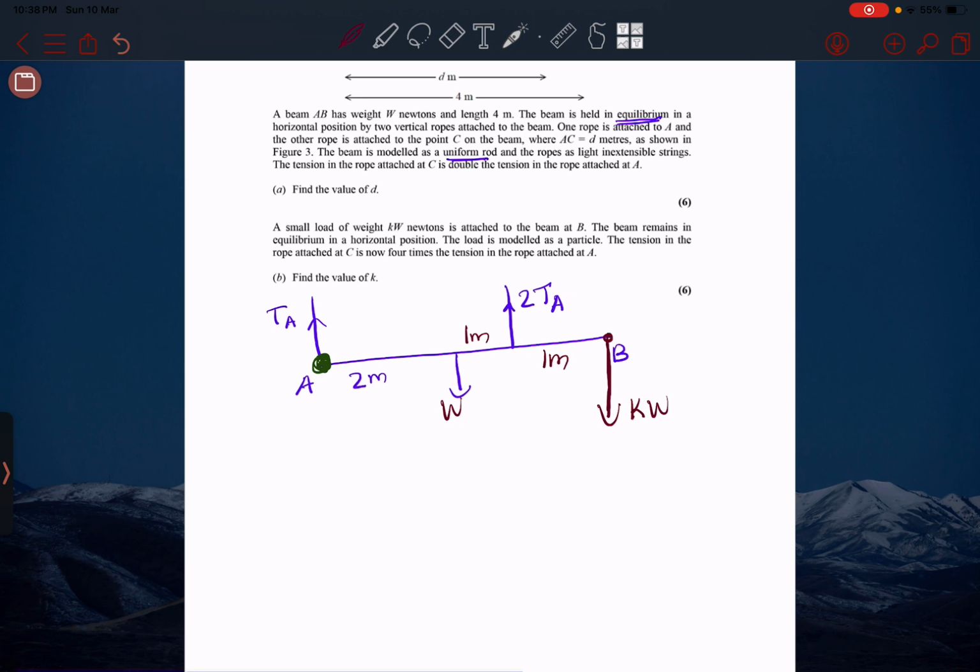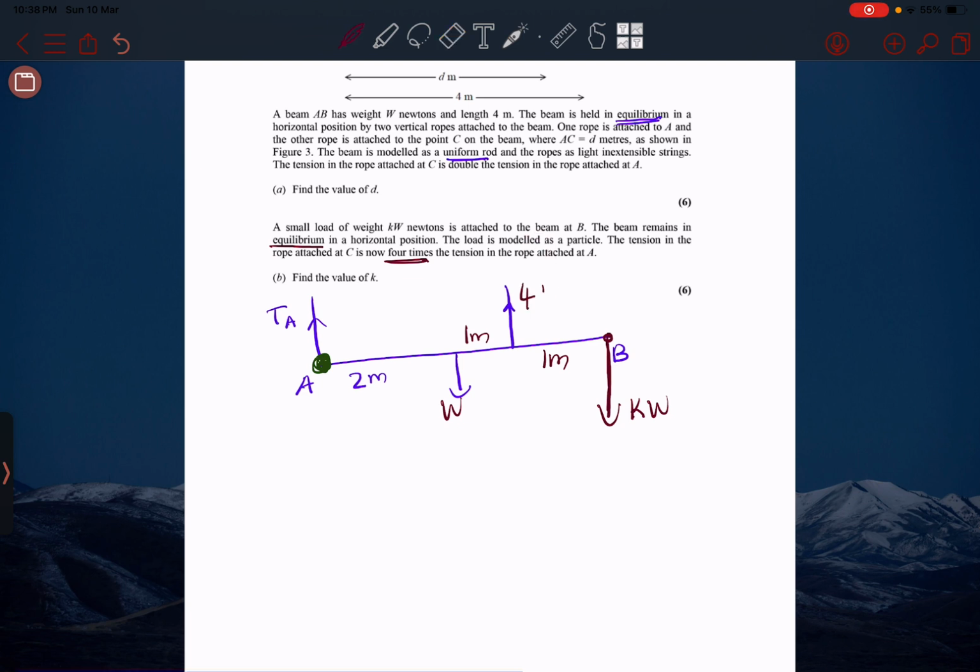It is attached to the beam at B. The beam remains in equilibrium, but because a new weight has been added, we cannot use any of the answers that we had before. So the tension might change. The load is modeled as a particle. You can see the tension is now 4 times the tension at rope A.